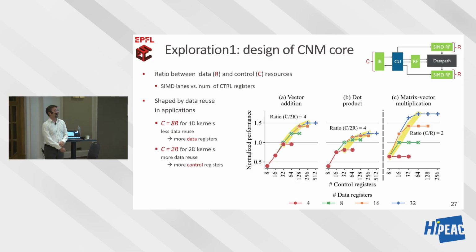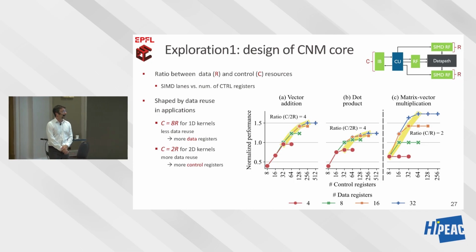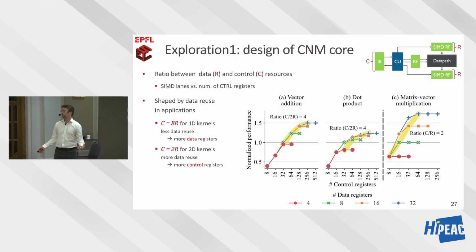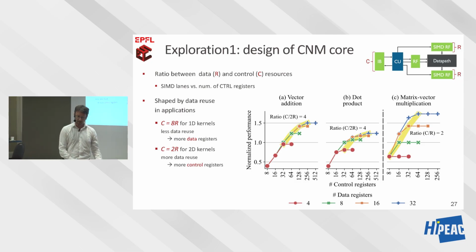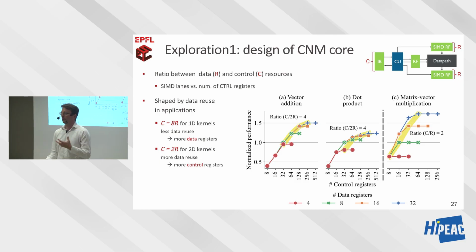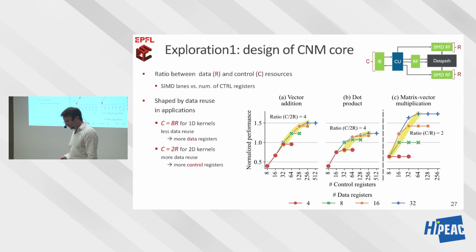But what can we do with that? Well, we can do some interesting design space explorations. For example, given a workload, how many resources do I want to devote to storing data, and how many resources do I want to devote to storing instructions? So what is the trade-off between how big C should be, the number of control instructions, and how big R should be, the number of data registers that I want to instantiate?